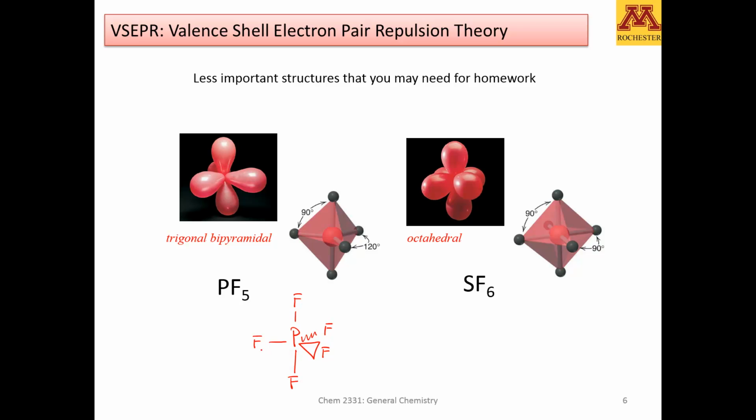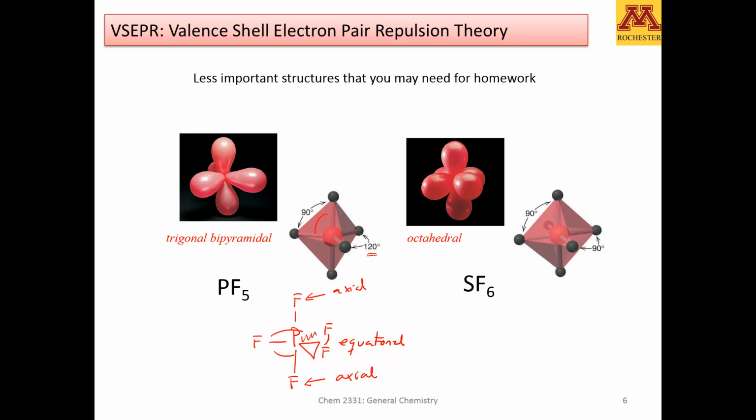The ones that are in the middle here are called equatorial positions, and they are away from each other 120 degrees. However, notice that these two positions are called axial.